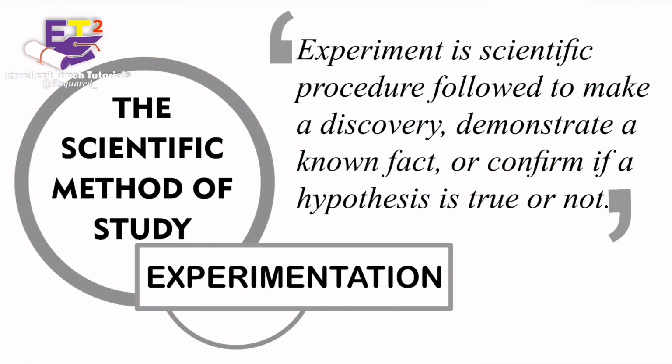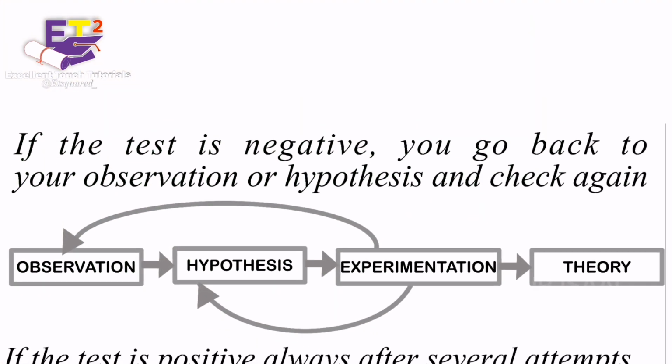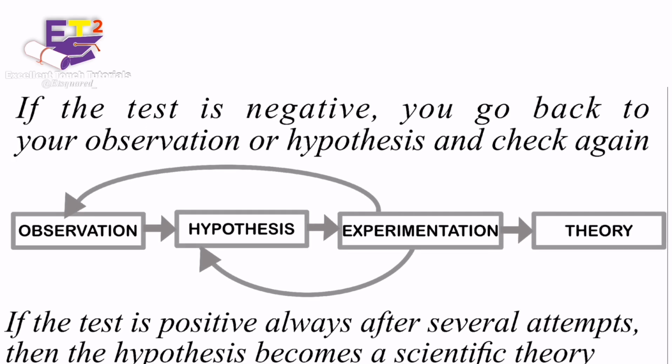Number 3, testing through experiment. Experiment is a scientific procedure followed to make a discovery, to demonstrate a known fact, or to confirm if a hypothesis is true or not. If the hypothesis is true, the experimental result is said to be positive.